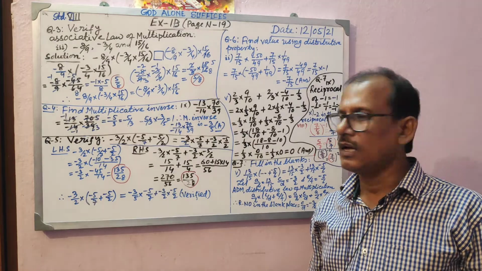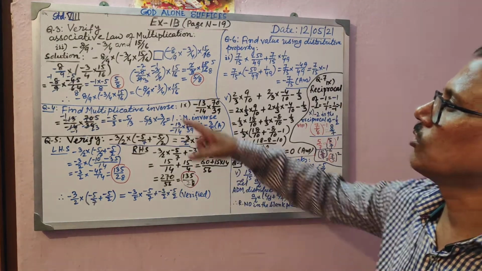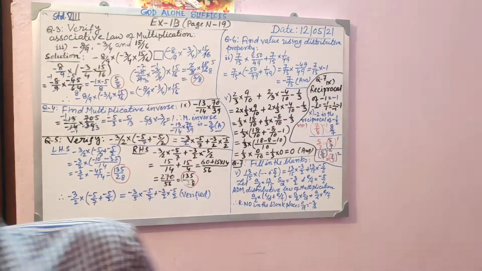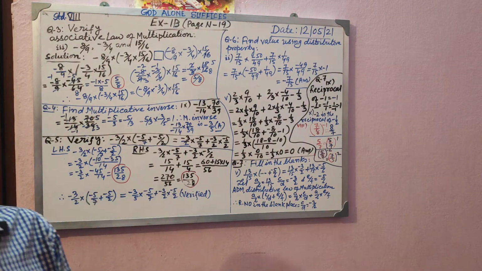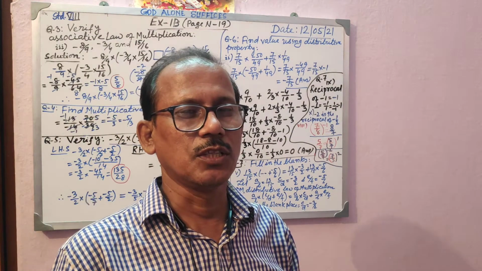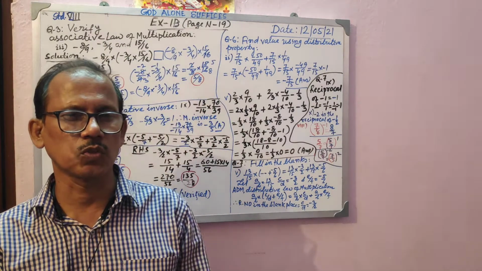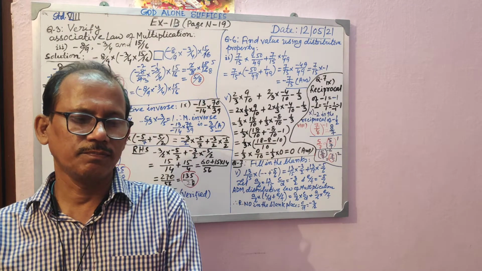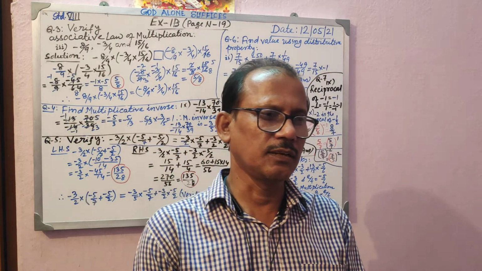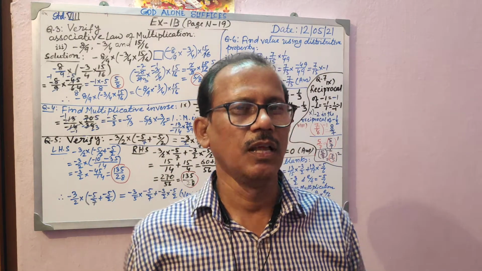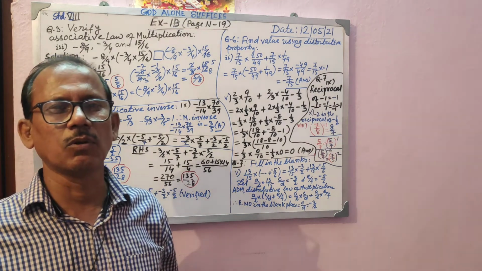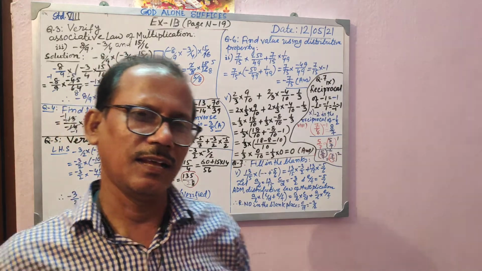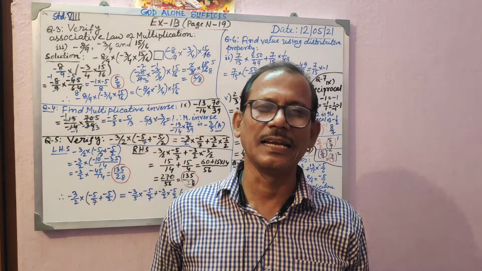Okay, let us do this. So I have taken question number 3. Yesterday we did up to question number 2. Question number 3 says, verify the associative law of multiplication. See, all these laws are very important. You are supposed to know the laws, and then you have to implement them in a sum. In the associative law of multiplication, there are three rational numbers, a by b, c by d, and e by f.